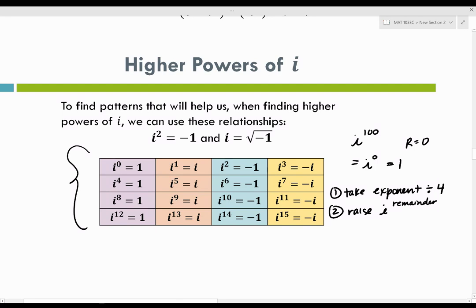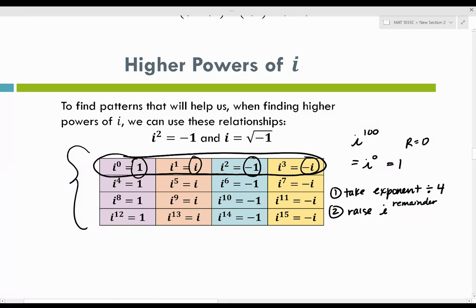Whatever your remainder was, you raise i to that remainder, and it is going to be one of 4 options: 0, which means 4 went into that number evenly, 1, 2, or 3. So any higher power of i problem can only have one of 4 answers: 1, i, -1, or -i. Those are your 4 choices.